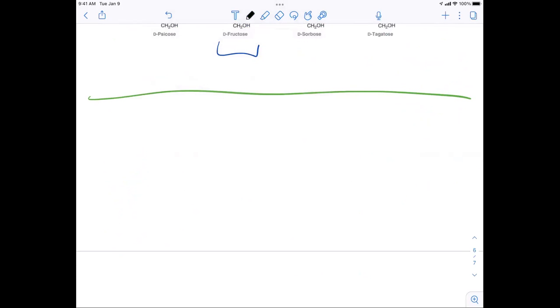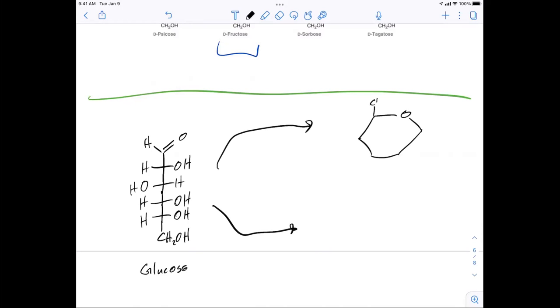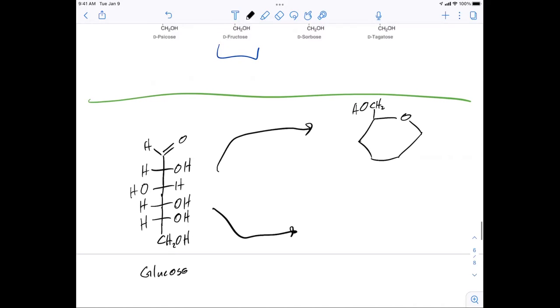So if I take glucose, this can cyclize. So this is a Haworth projection. Okay, so what I'm showing here is not a 3D projection.